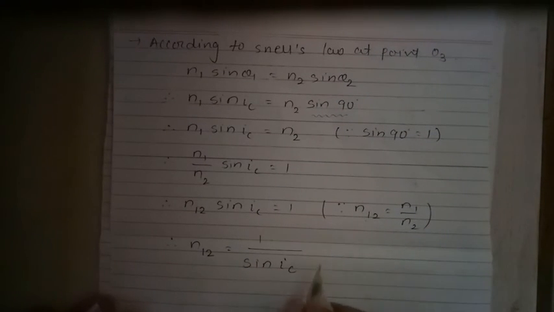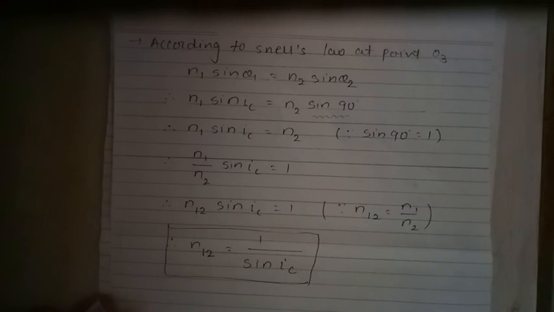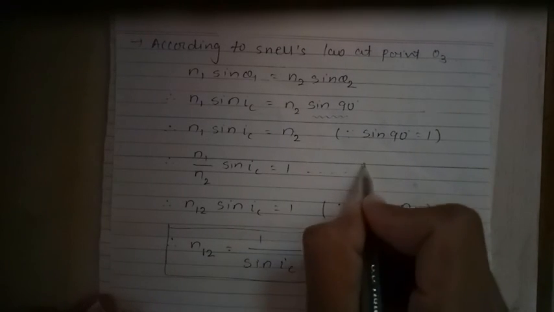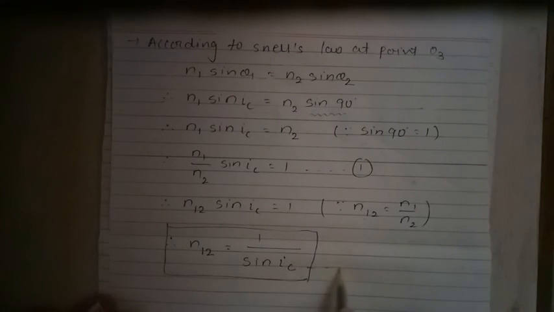You have to remember this formula: n12, the refractive index of medium 1 with respect to medium 2, is equal to 1 upon sin IC. We denote this as equation 1 and equation 2.